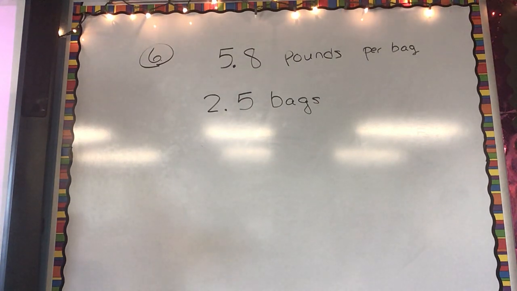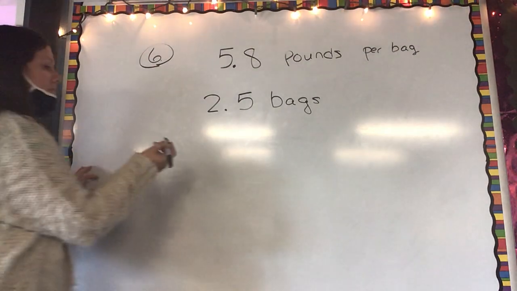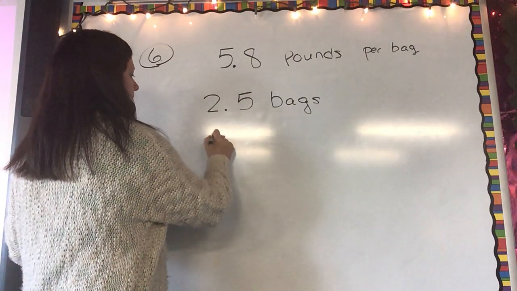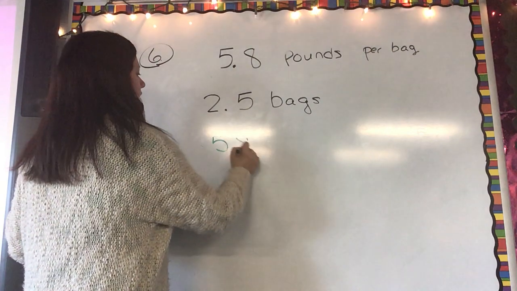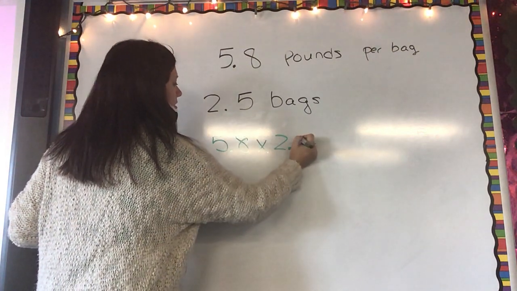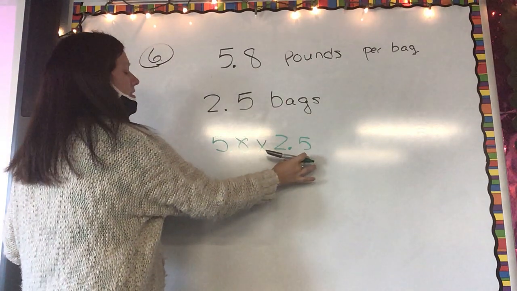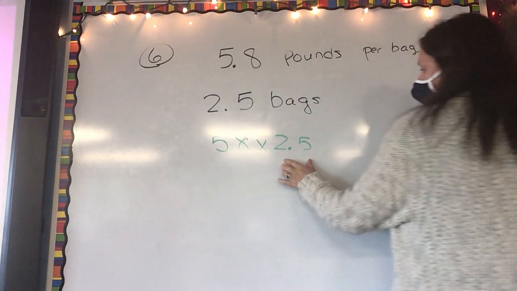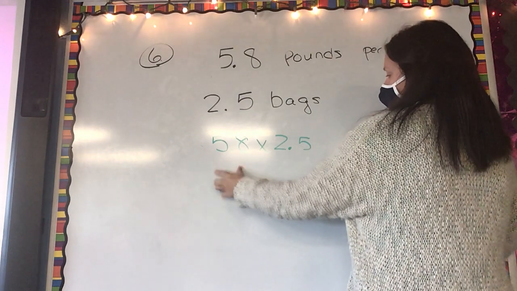All right, raise your hand and tell me, what is my equation here? Maverick. 5.8 times 2.5. Very good. 5.8 times 2.5, because I purchased 2.5 bags of this grass seed, and each bag weighs 5.8 pounds.